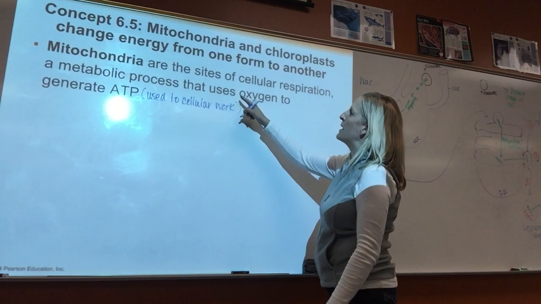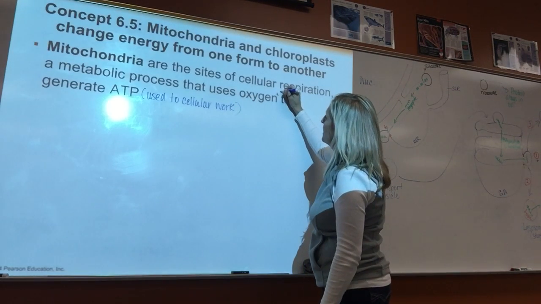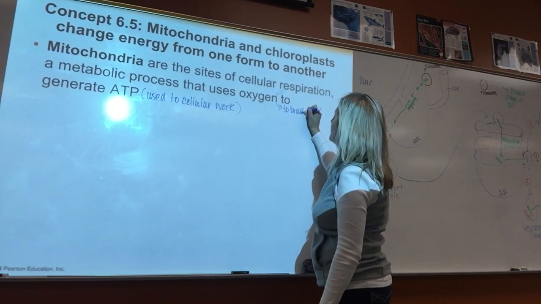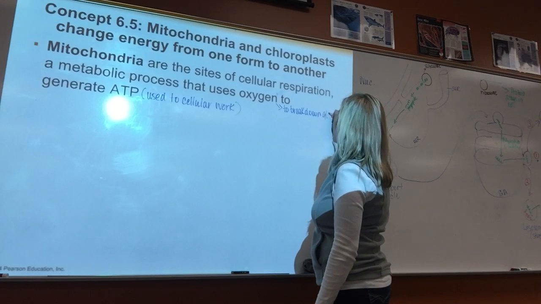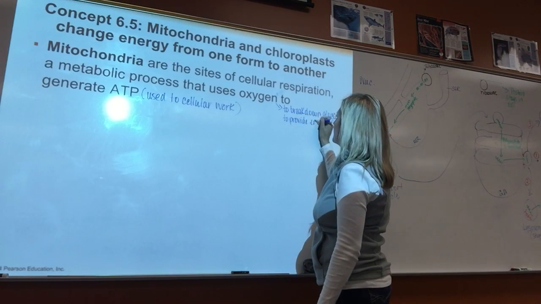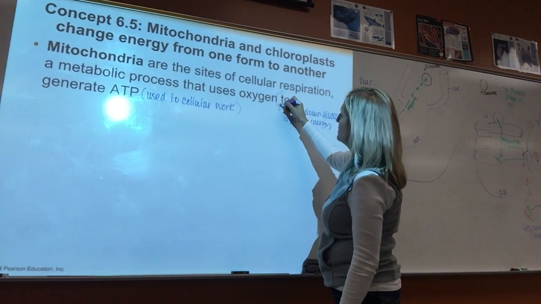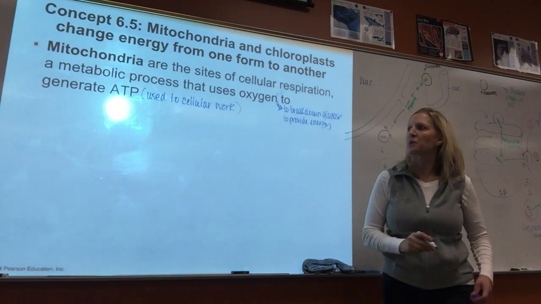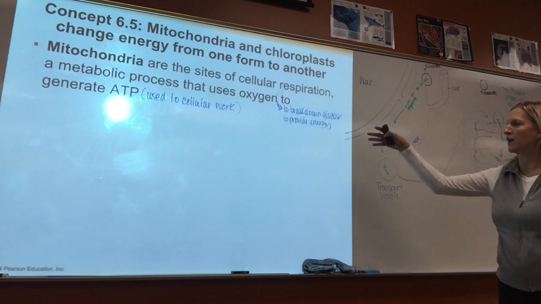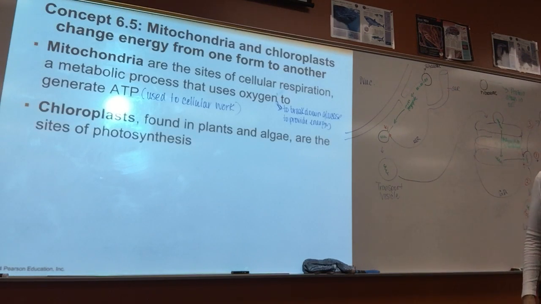So when it says that a metabolic process that uses oxygen, I'm going to add here, uses oxygen to break down glucose to provide energy to generate ATP. So that phrase could go in between there. And so without glucose, you don't make ATP, and then you don't have cellular work. So that's why we say glucose is used for fuel or energy.